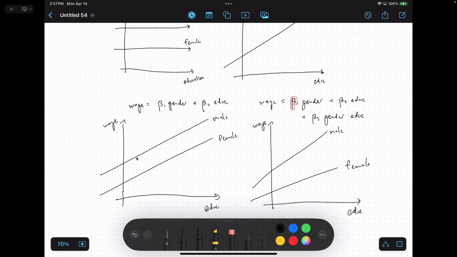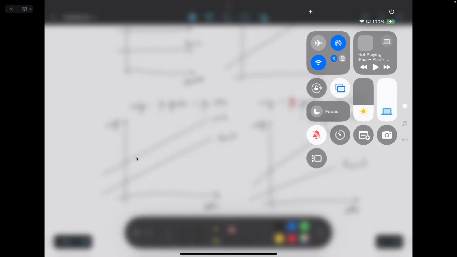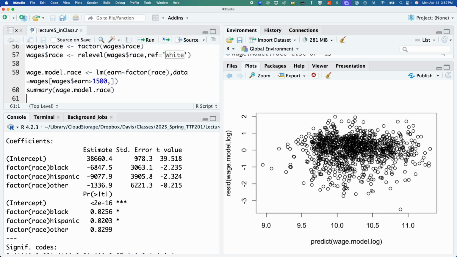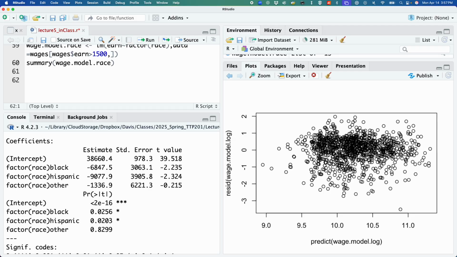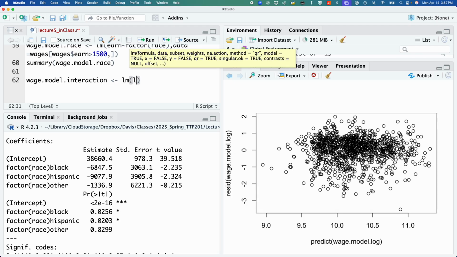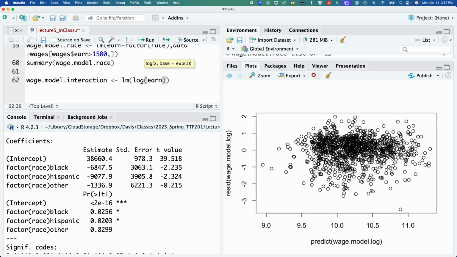Any questions about that? All right, I think we have just enough time to run that to show you what that looks like. Wage model interaction, so that'll be lm. Let's do log earnings, or no, I'm just going to leave it as earnings.